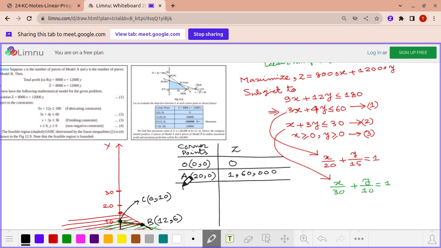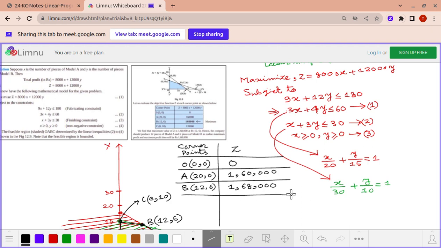Next is point B. At point B, the coordinate is 12 comma 6. That means x is equal to 12, y equal to 6, and at these values the objective function 8000 into x plus 12,000 into y is 8000 into 12 plus 12,000 into 6, that becomes 1,68,000.